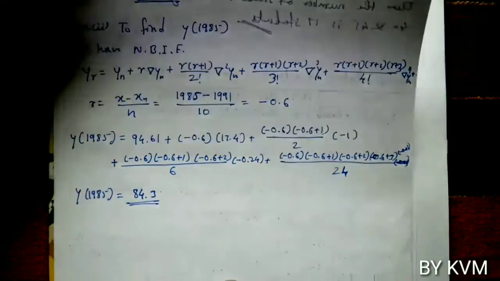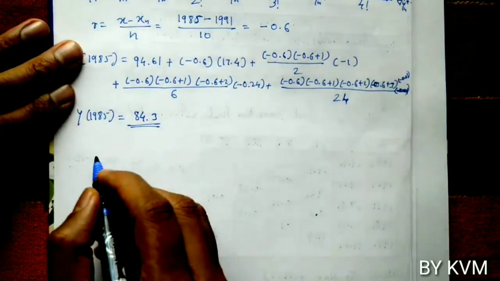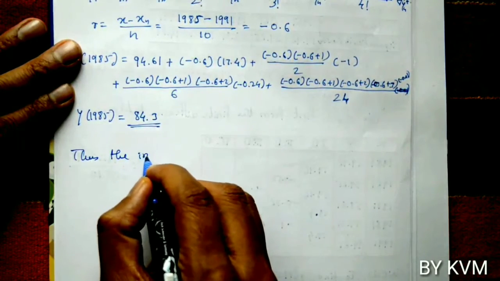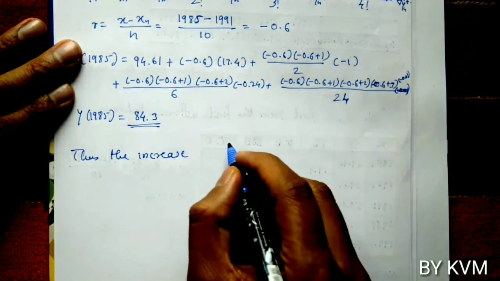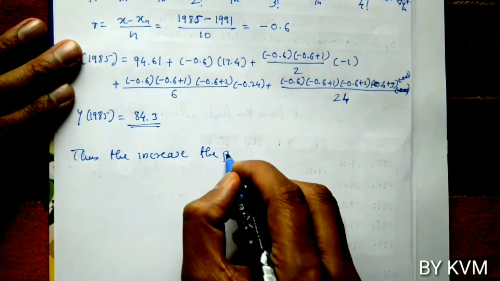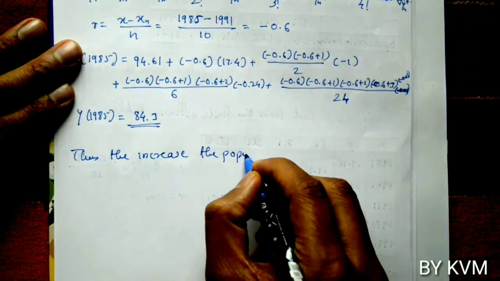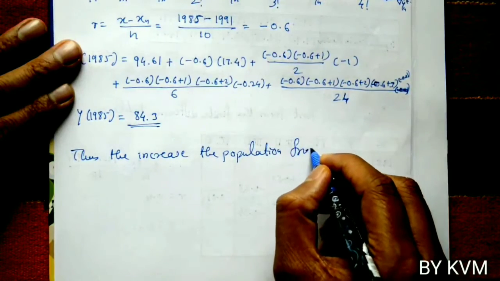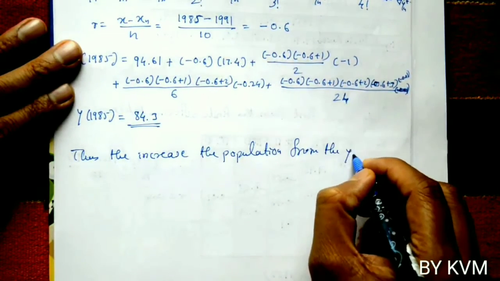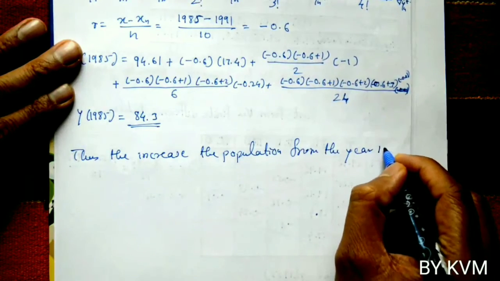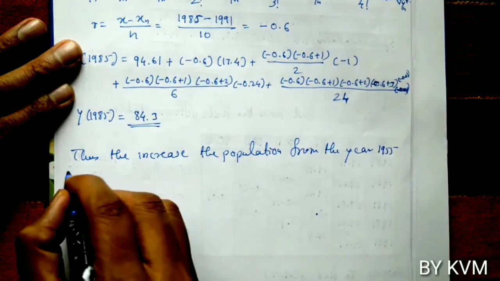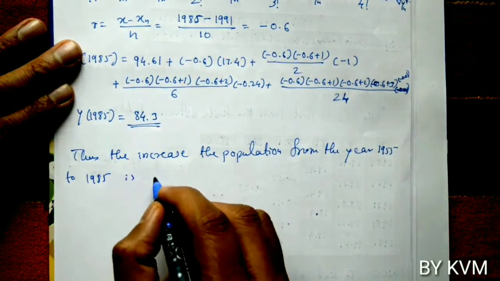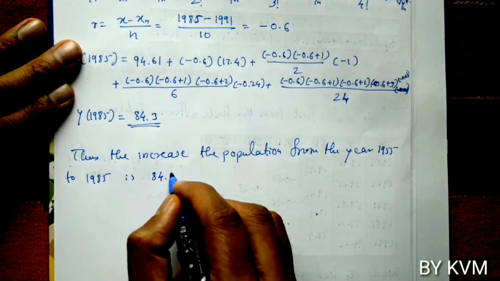Now we have to find the increase in the population from the year 1955 to 1985.